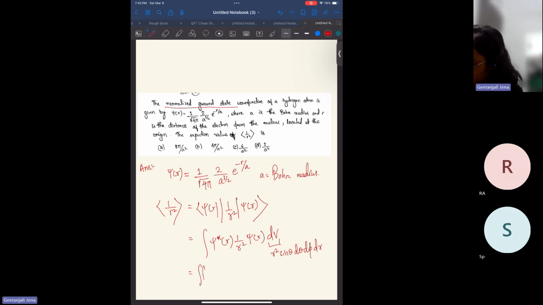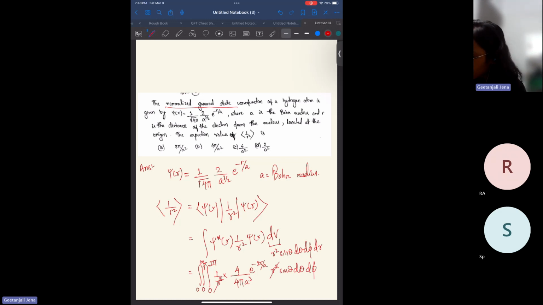So that means you have three integrations. One is for r, which runs from 0 to infinity. One is for theta, and it will be from 0 to pi, and one is for phi, it will be from 0 to 2 pi. So this is 1 by r square multiplied by 4 by 4 pi a cube e to the power minus 2r by a, r square sin theta d theta d phi.